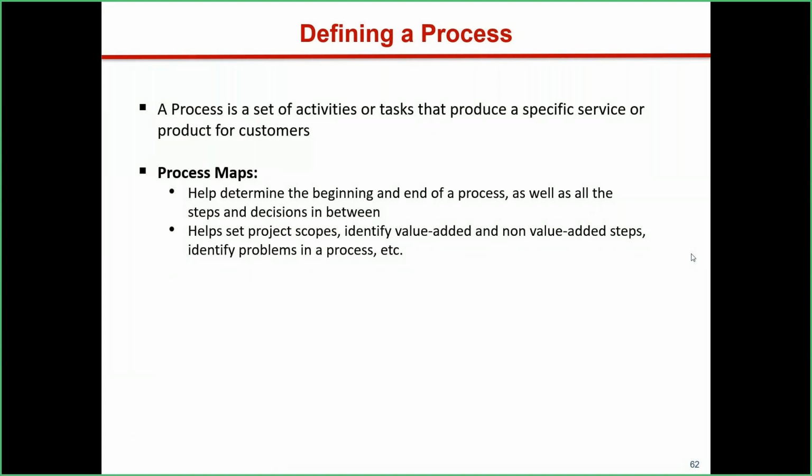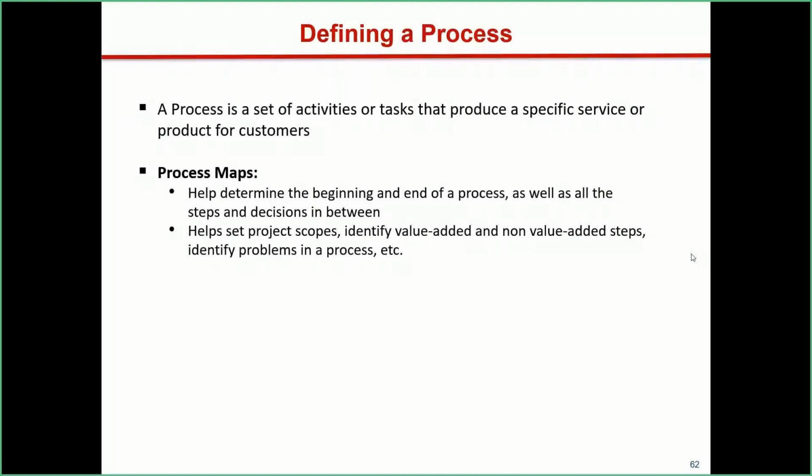Now, a process map is a graphical approach of understanding how the process works at a very high level. You can make a very detailed process map. It definitely takes time, and the more details you add, the bigger and more complex it becomes.